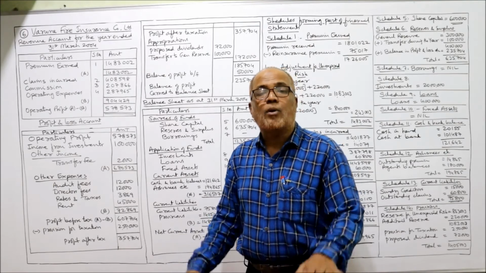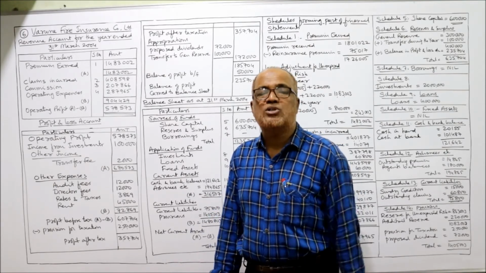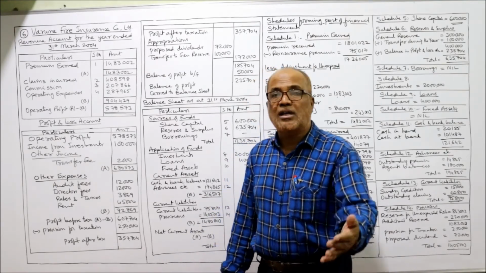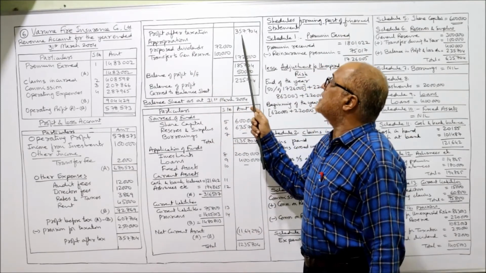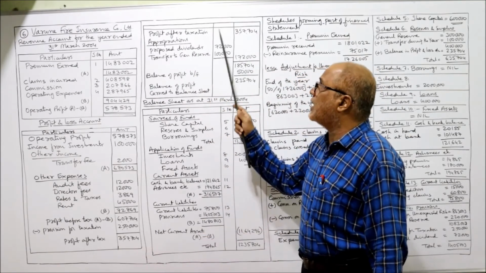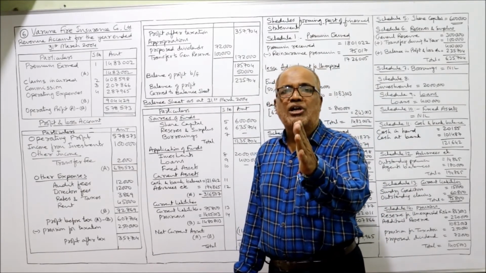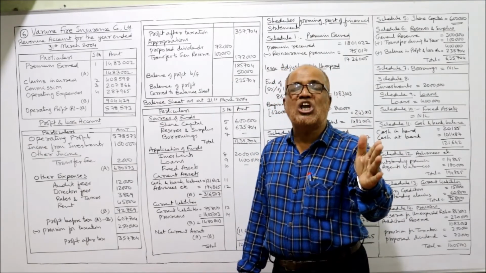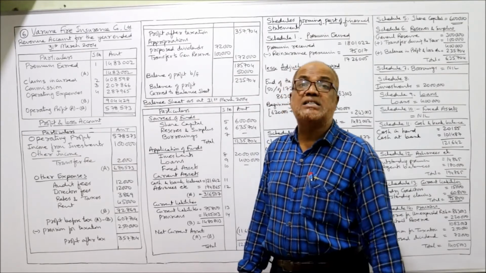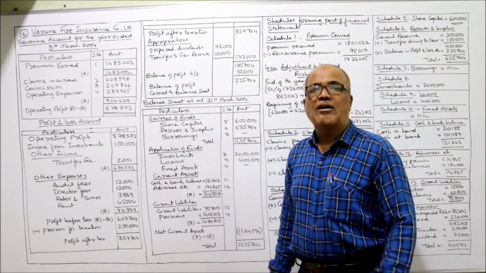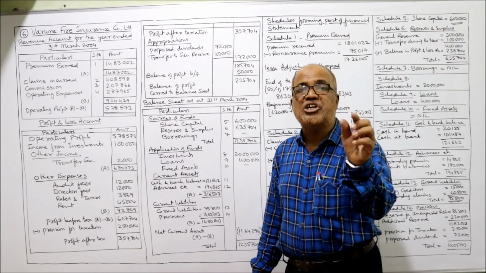Now we have to make the appropriations because some appropriations are given in the adjustments. What are the appropriations? Profit after tax 3,57,704. This amount I have taken. Two appropriations: proposed dividend and transfer to general reserve, that is given in adjustments. Proposed dividend 12% on share capital.